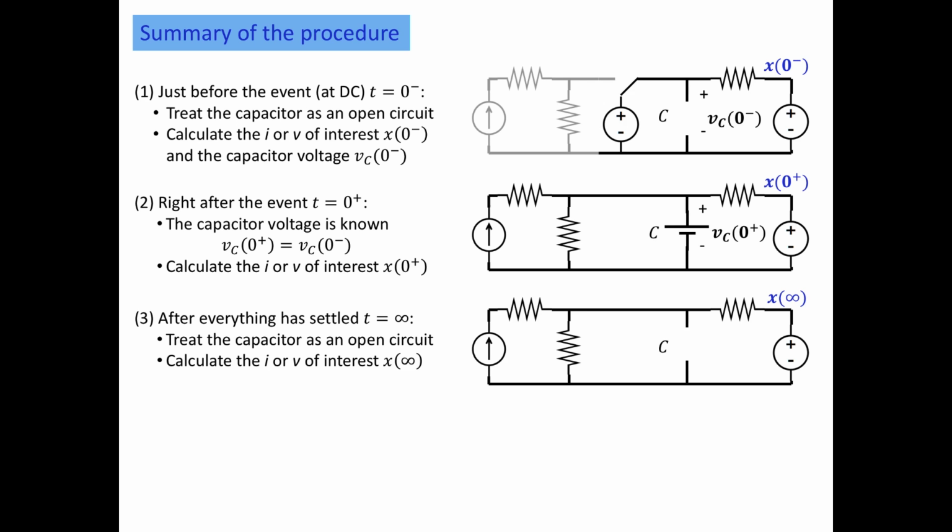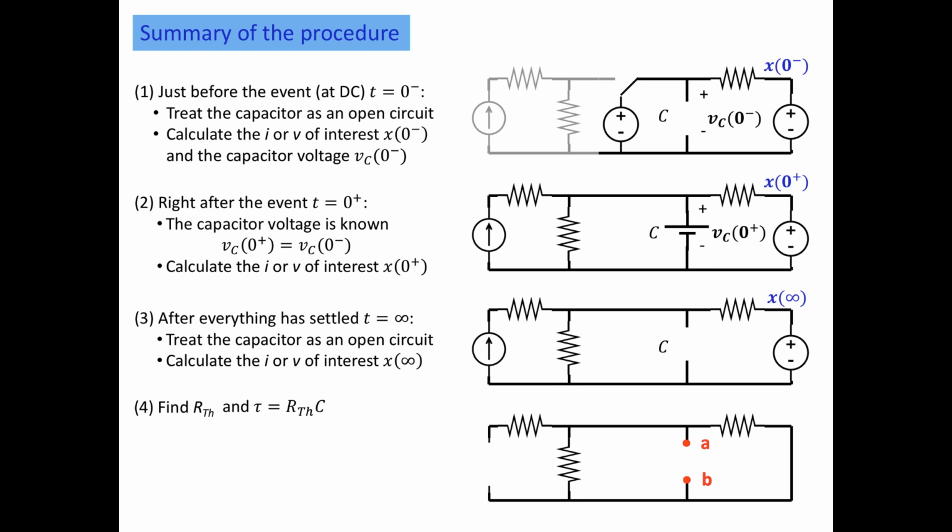Then I look at what happens when everything is settled, so at time equal to infinity, and the capacitor is again an open circuit. And then finally, I am going to calculate my Thevenin equivalent resistance, so I can find the time constant and write my equation, and with the values I'll calculate in steps 2 and 3, I can find A and B.